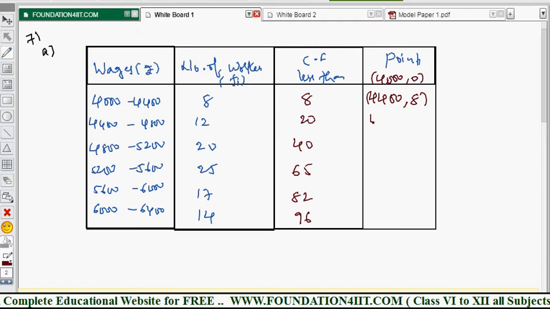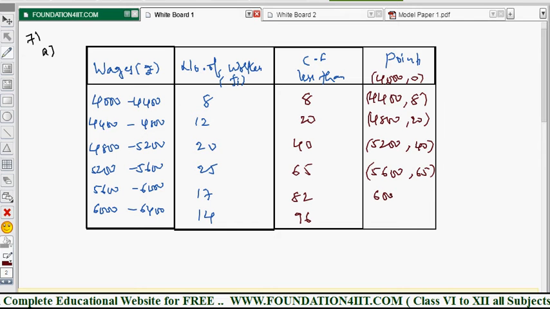Again 4800 comma 20, 5200 comma 40, 5600 comma 65. These points you need to plot on the graph.